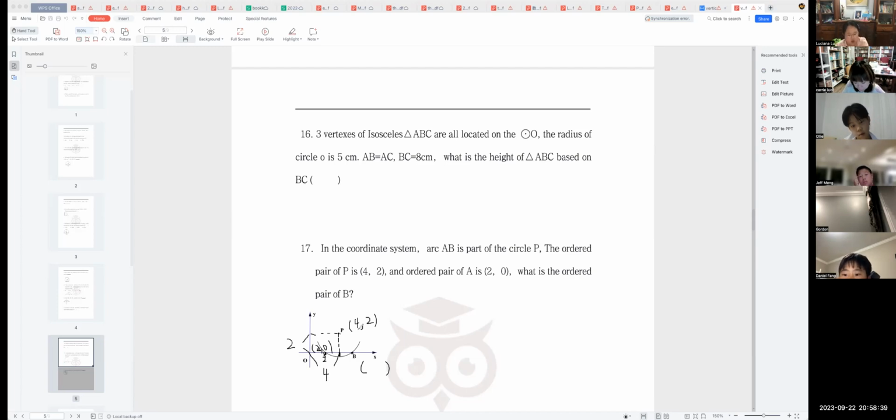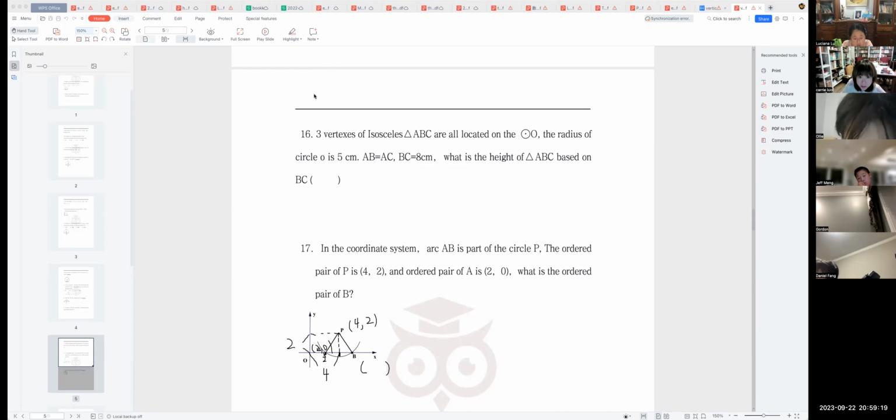So what is... OK， 这个很简单，小朋友们，你会发觉 because they are on the circle, so P, this two is a what?